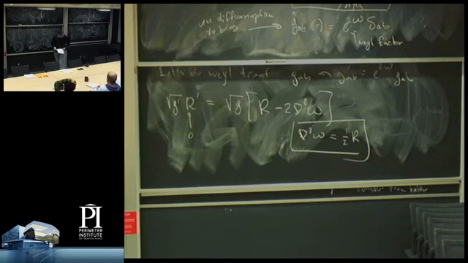Actually, in 2 dimensions, it's special because the Riemann tensor R_abcd is proportional to the Ricci scalar, times g_ac g_bd minus the appropriate other term.